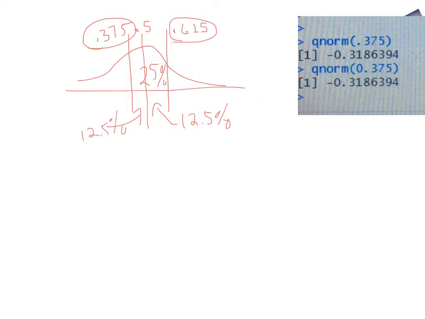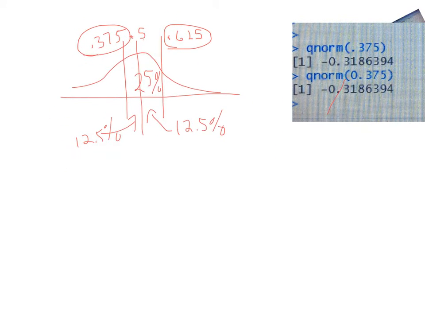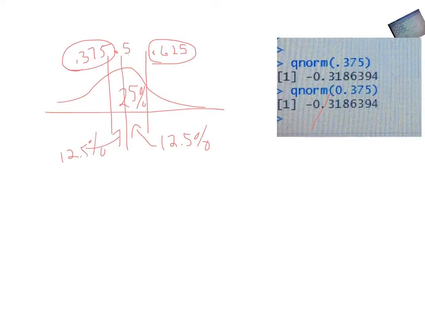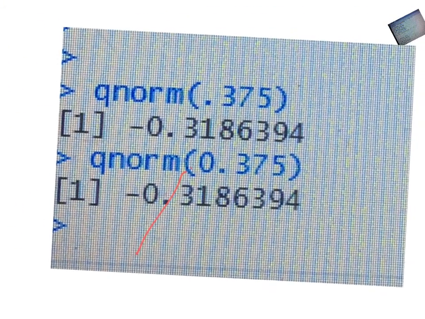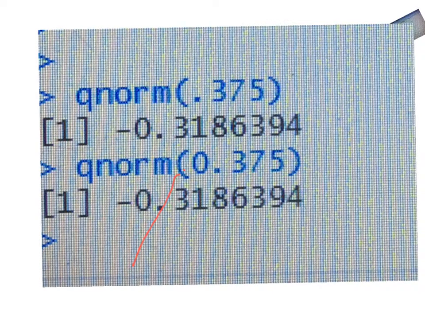But then I discovered that if you go into R, let me bring this picture down here, because I went into R and I took a picture of what I got when I put this into R. So what I found out is that if you use the qnorm function, but you don't put in your x value and then your mean and then your standard deviation, if you put in your p-value, then it spits out the z value. So you don't need to use those charts that we were talking about. This is how R does it.